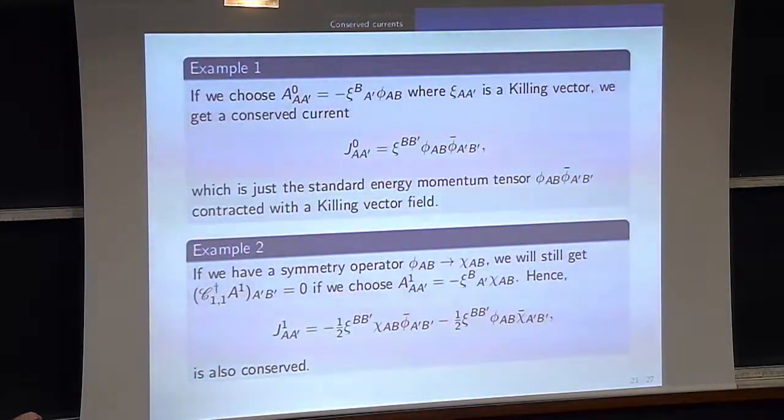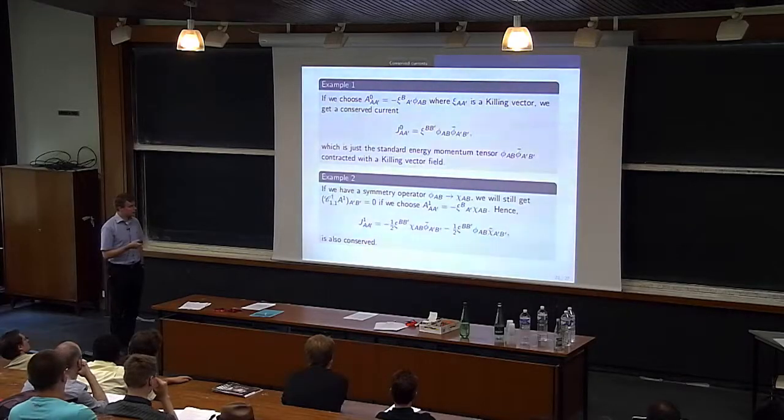If we form this current, then we just get this, which was not so surprising perhaps, because this is just the standard energy momentum tensor contracted with a Killing vector field. This is, of course, very well known, and it's a very standard way of constructing it.